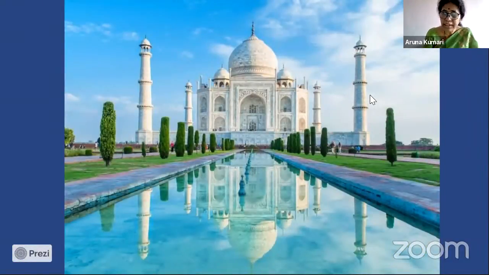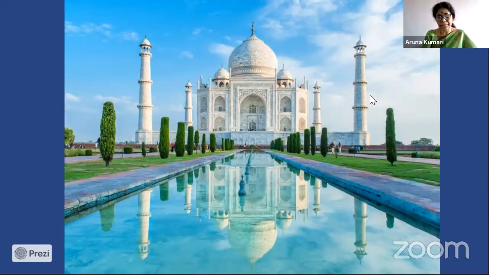What is this? Taj Mahal. Taj Mahal is in India only. It is also a great construction. And these constructions are based on geometry. That means in those days also, geometry was developed.